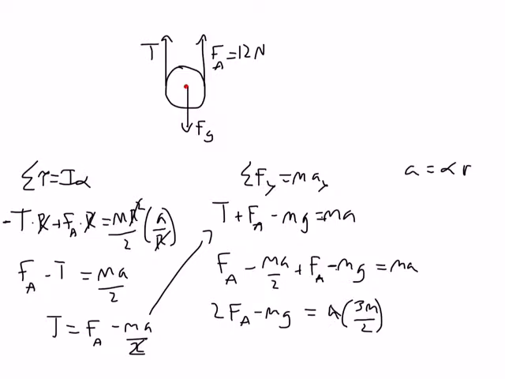So we can now solve for a: multiply by 2, divide by 3m. And so we're going to get a equals 2Fa minus 2mg, all over 3m.